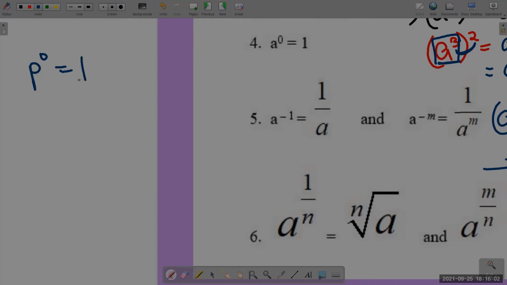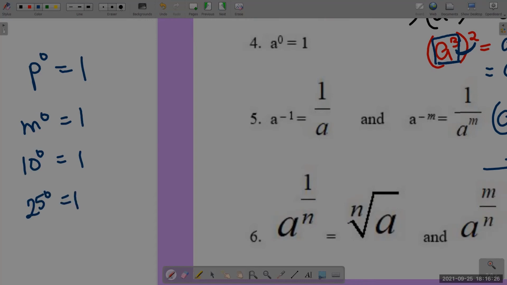Remember, I just said that anything raised to the power of 0 is 1. So M raised to the power of 0 is what? 1. 10 raised to the power of 0 is what? 1. 25 raised to the power of 0 is equal to 1.